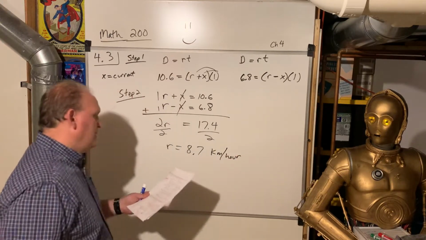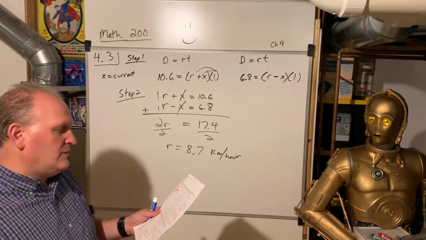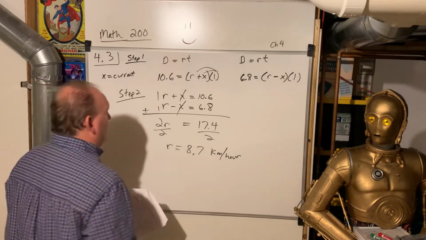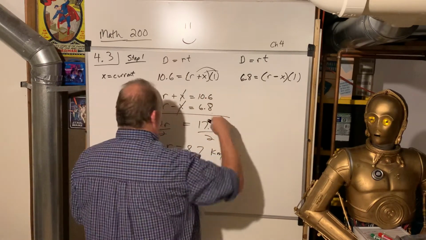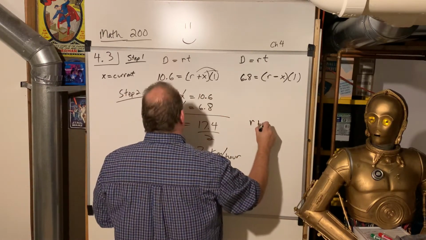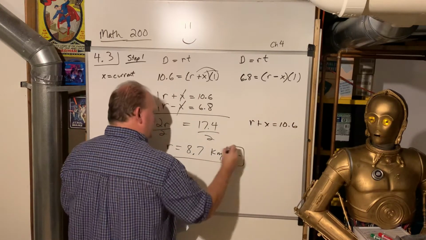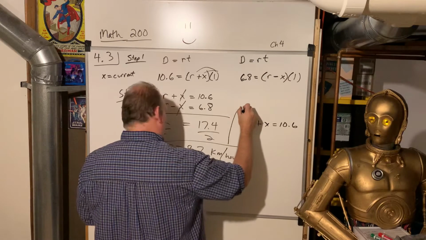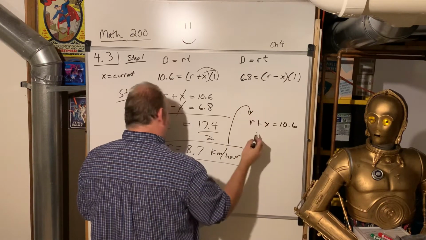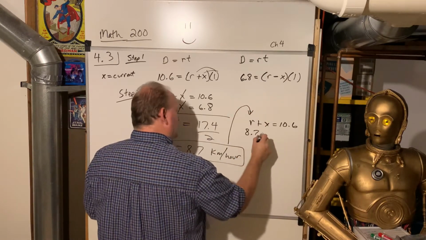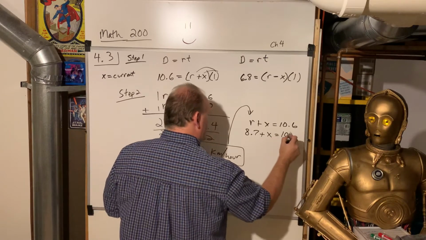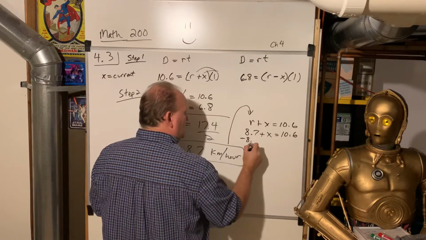All right. How fast was the current going? Well, we don't know that, but we can find it out pretty quick. Just put it into either one of those equations. We'll do the R plus X equals 10.6. And so now we're going to take our answer from here and sub it back in right there, just like when we found the points where the 2 lines were crossing at a single point.